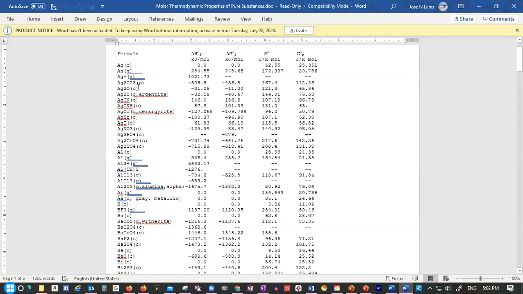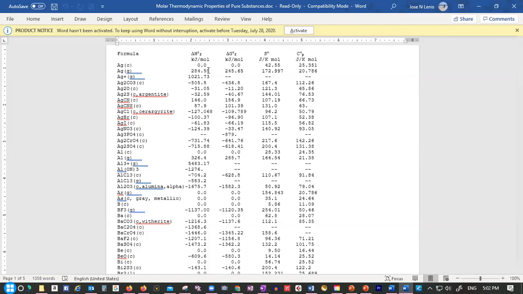When I'm looking for these numbers, values of delta H and values of entropies, I like to compare 2 or 3 data tables, just to double check we're talking about the same number. Probably you won't find exactly the same number on 3 different data tables. For example, Hg gas in this data table shows a delta H standard of formation of 284.55 kilojoules per mole.